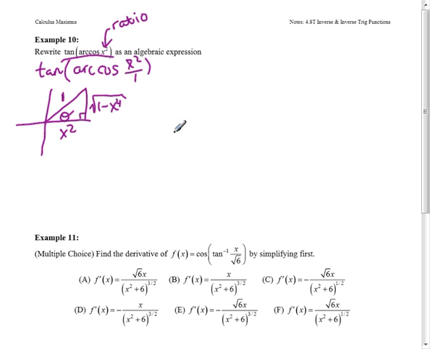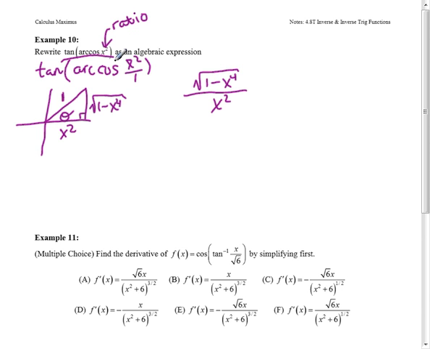Alright, so then we need to find the tangent of that angle. Tangent is opposite over adjacent. Yep, opposite over adjacent. Okay, so then that would just be square root of 1 minus x to the 4th all over x squared.